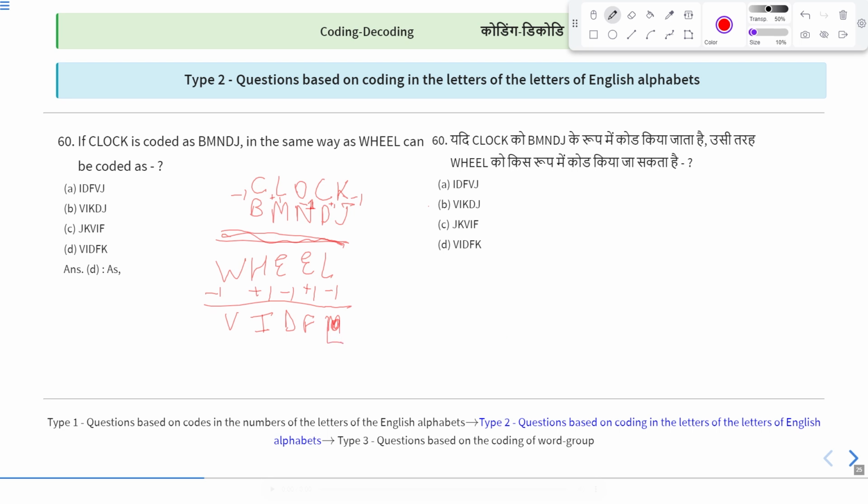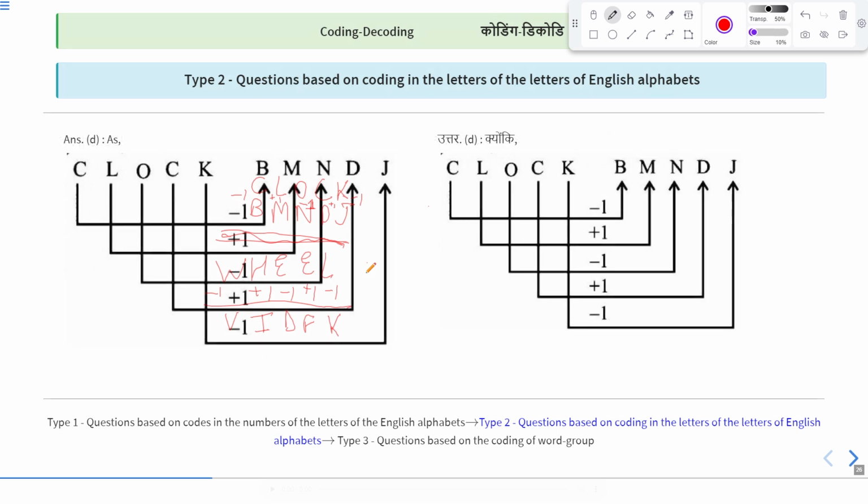E plus 1, F, L minus 1, VID, F, K. Plus 1, minus 1, plus 1, minus 1, plus 1.